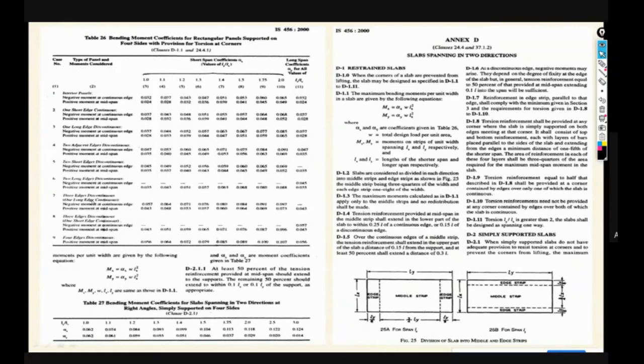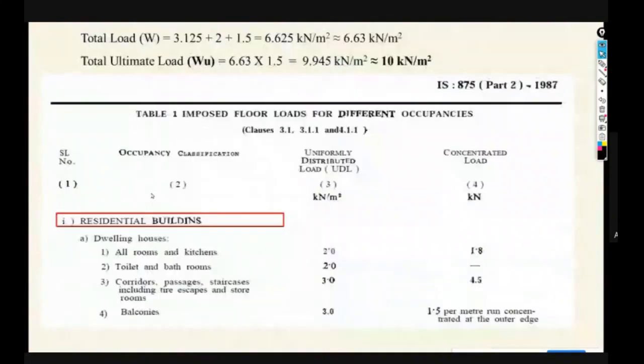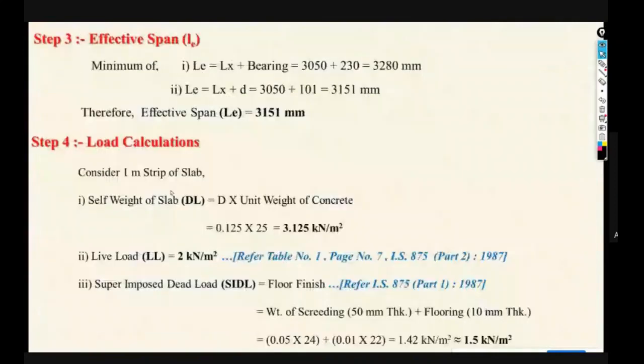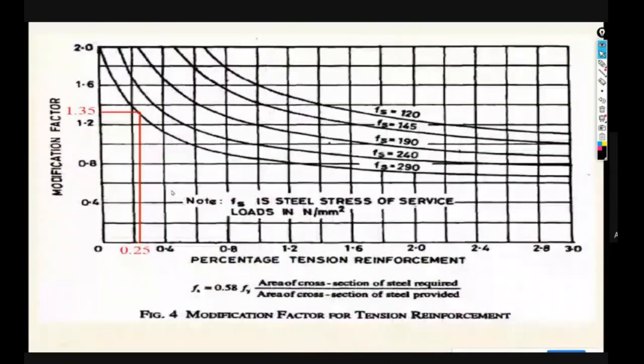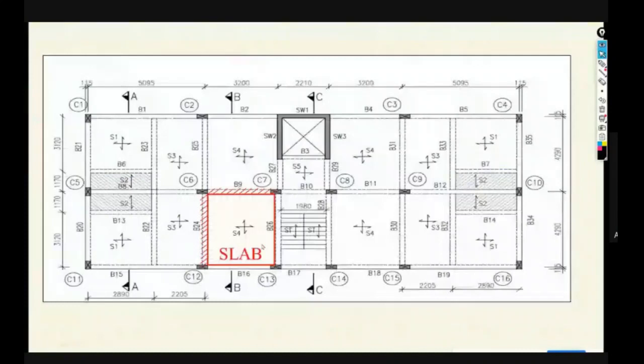So first we have to decide whatever slab we are designing over here, which condition applies for that slab. Now if you see this plan, this edge is continuous and this edge is also continuous. But over here, in this part, a staircase is there, so whatever reinforcement we are providing for this slab, that reinforcement is not continuous in this direction.